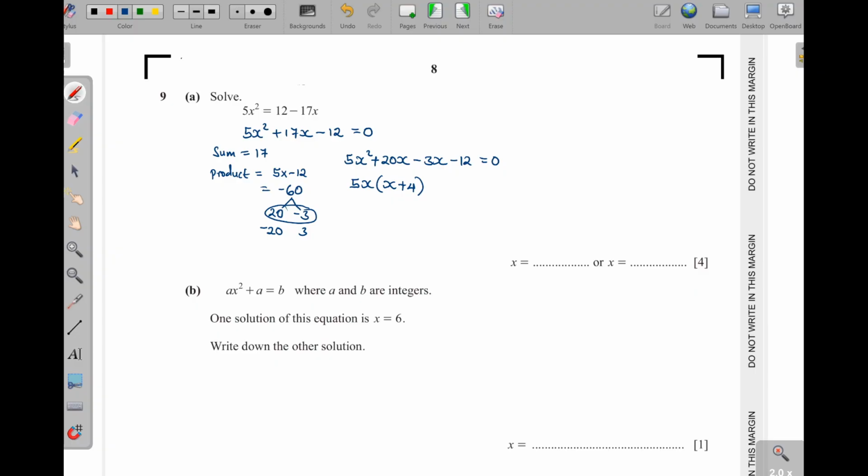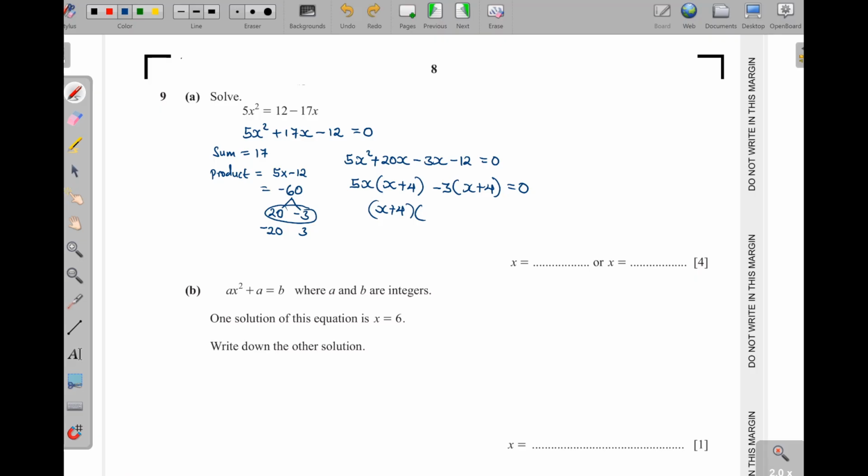Now, you don't waste time. This one here, the bracket, you just put it here. Then you ask yourself, what should I multiply with this x to get minus 3x? That is automatically minus 3. So you put minus 3 here. In other words, minus 3 is common here. Okay? And then x plus 4 is common, so I factorize it out.